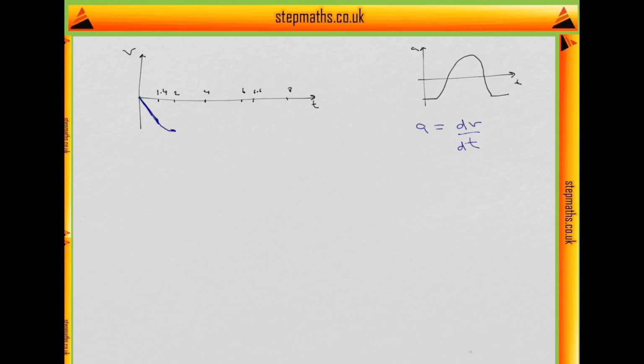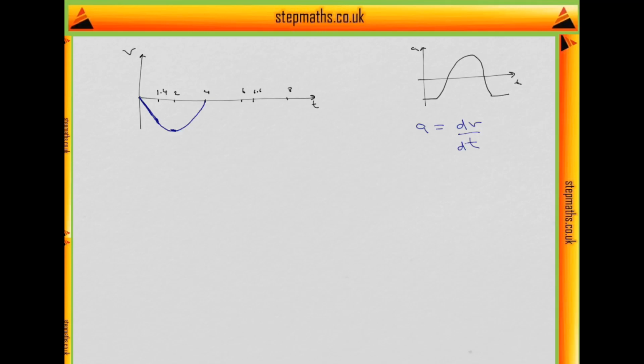The gradient's then going to increase, becoming more positive, but at a changing rate. So they come like this, and then we notice that it's going to be a maximum at the time t equals 4. So that corresponds to this maximum point here. It's then going to still remain positive, but become less positive, less positive until it's 0. So we have a stationary point here again, and that's going to correspond to 6 seconds.